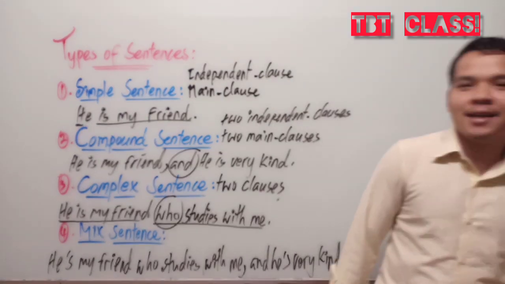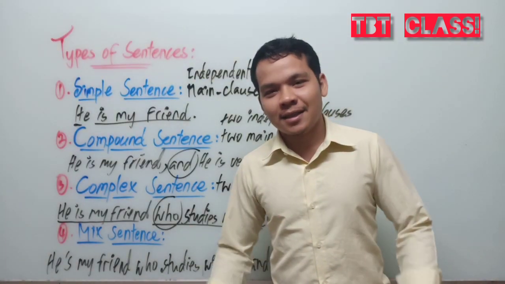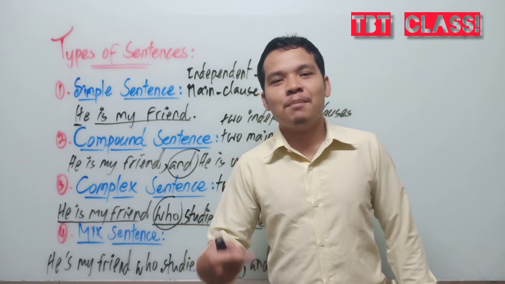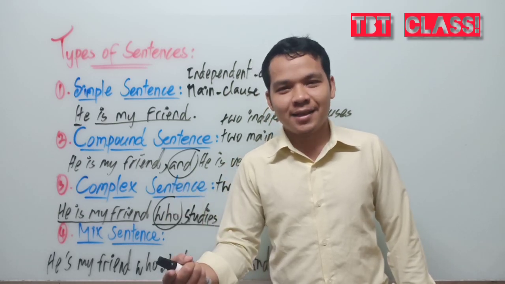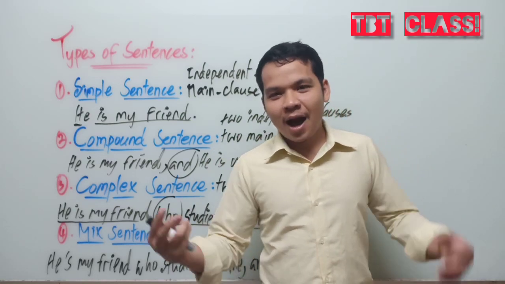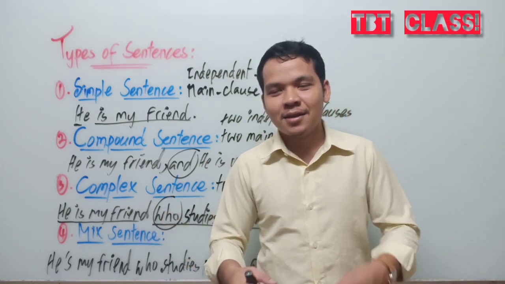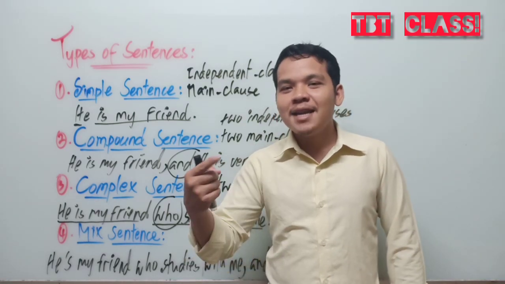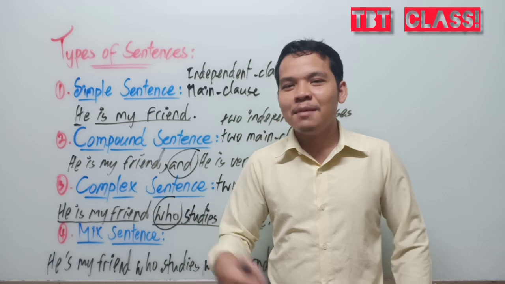So you see the meaning. A simple sentence is just a sentence that has only one subject and predicate. A compound sentence is two independent clauses combined together. A complex sentence is two clauses, an independent clause with a dependent clause.